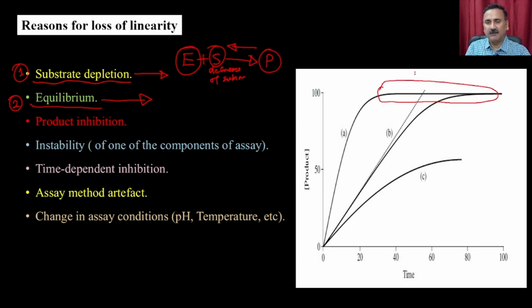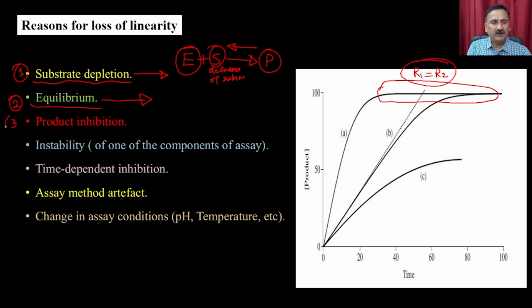In this case, the forward and reverse reactions are equal, and that's how it will not go down. So it will go linearly to some extent, and then it will attain the equilibrium, and that's how there will be a plateau, or a loss of linearity.